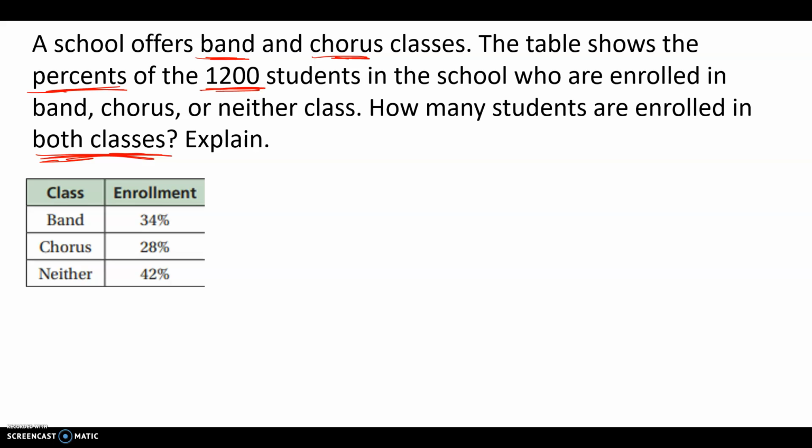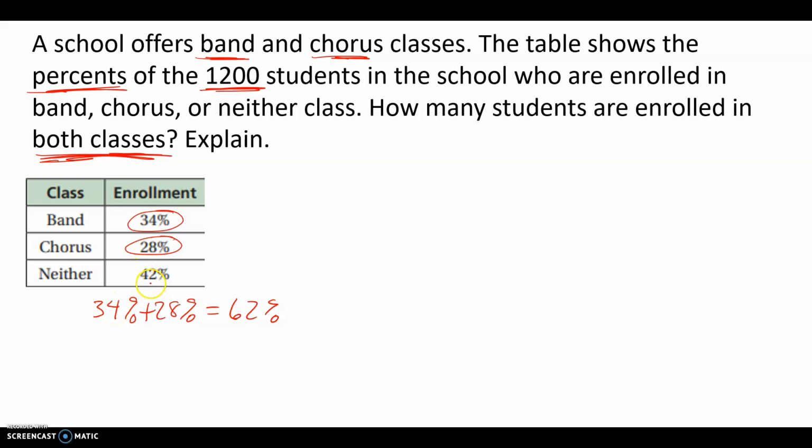The first thing I would do is look at band, then chorus. If we add those up, 34% plus 28% gives us 62%. The problem is 62 plus 42 is not going to give us the exact amount.